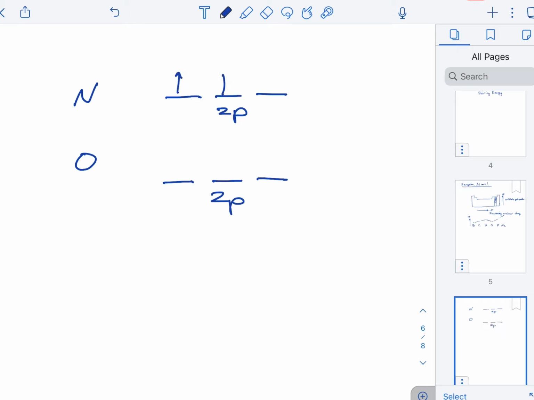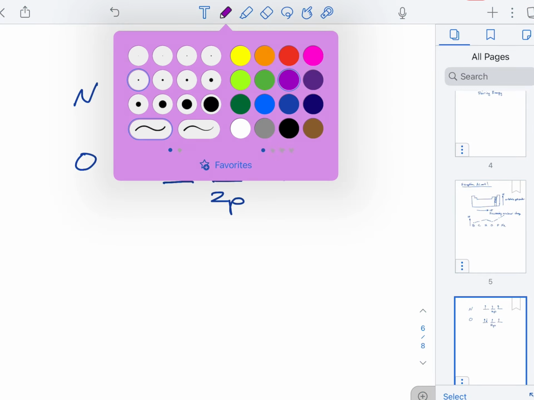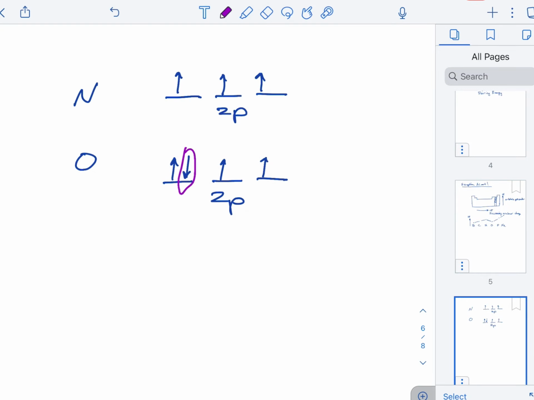Nitrogen looks like this, it's 2p3. Oxygen's 2p4. And the oddball thing about this is this electron right here that I'm about to circle. This one is paired with another electron, all right? Whereas the one that gets ejected from nitrogen when we measure its first ionization energy is not paired.